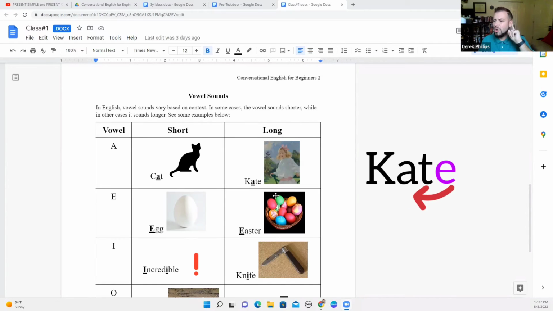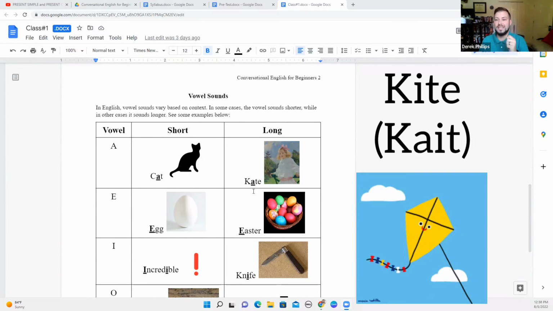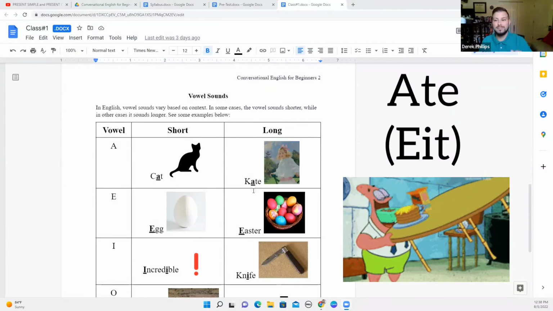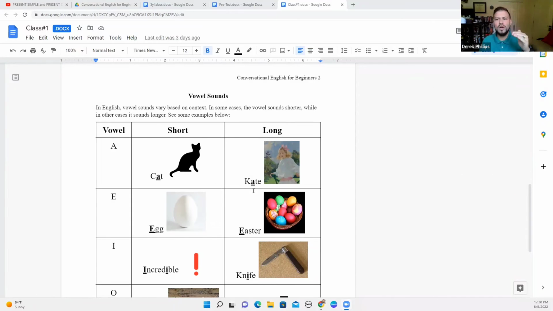So I don't hear the E, but its purpose is to show me that the previous vowel sounds different. It sounds long. Kate. In English, we have many examples that follow this rule. For example, kite, eight. We'll see more examples here as we go.